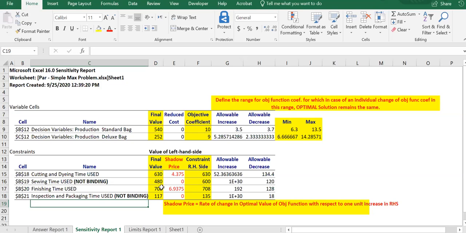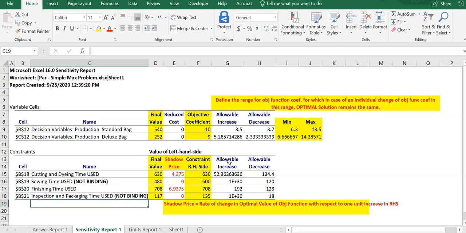So increasing 600 to 601 is not going to add to your profit in any way. Because they're not binding, they don't have any effect on your profit. As long as you have 2 more important bottlenecks, it's not really logical to add to your resources for a non-binding constraint, right? So that's a very important concept.